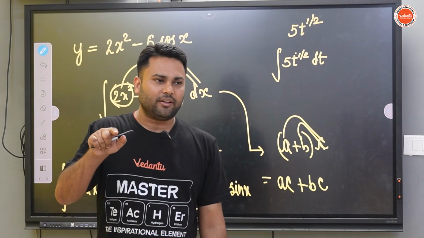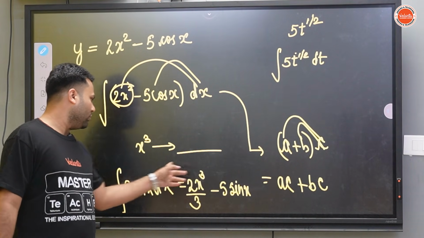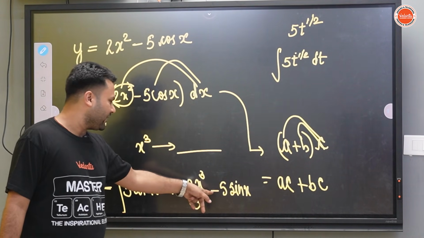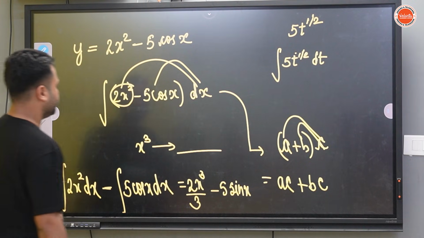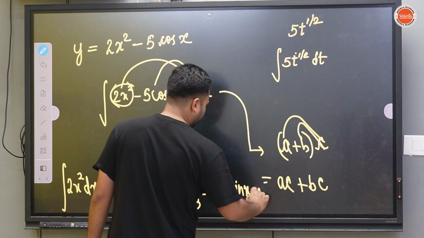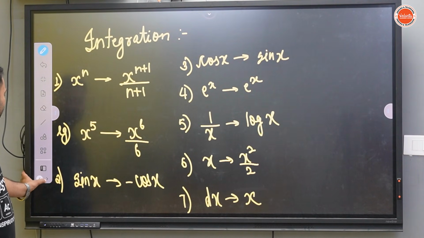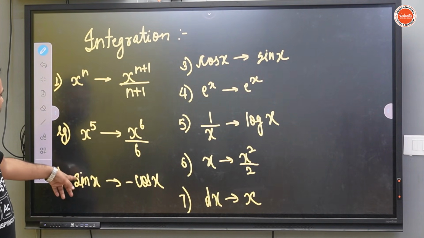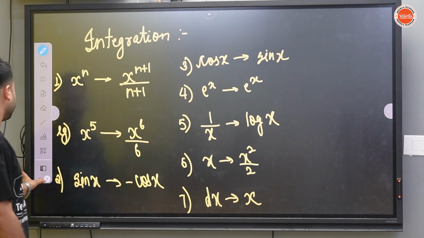Integration of cos x is sin x. Minus was already there, that's why I have written minus. So this will be the answer.